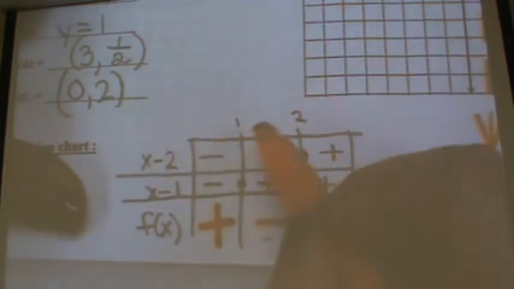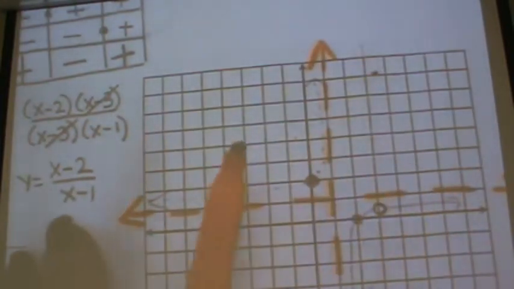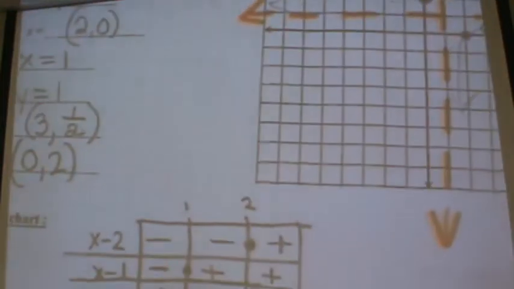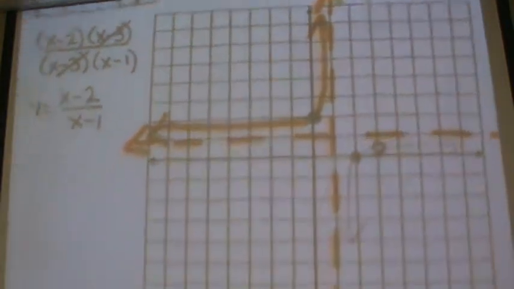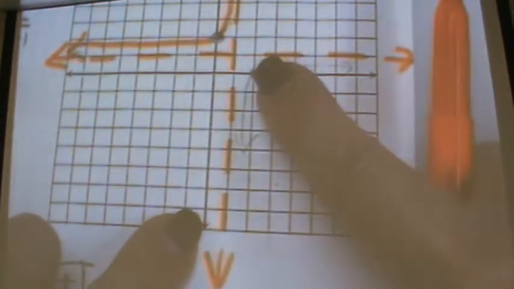So let's see if we were right. From negative infinity to 1, where did it say we should be? Positive. So this is all positive right here. From 1 to 2, it says we should be negative. Here's 1, here's 2, so this would be negative.